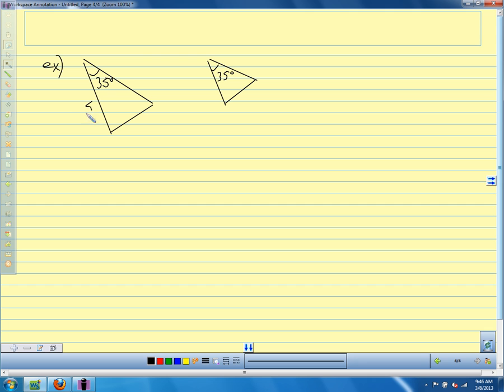This side is 5, this side is 8, this side is 3, and this side is 4.8. And we want to know, are they similar? Well, we have two sides and the included angle, and we know that the angles are congruent, so we're good with the angles. We have to check the sides.